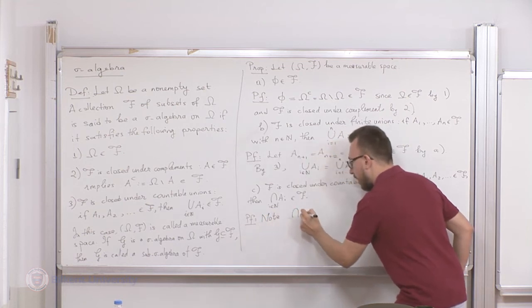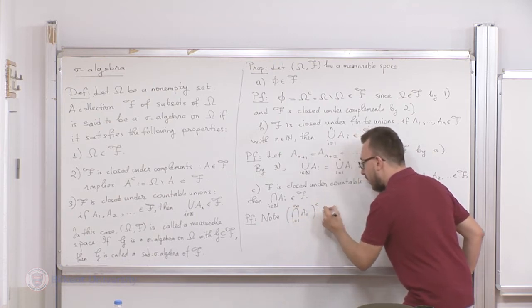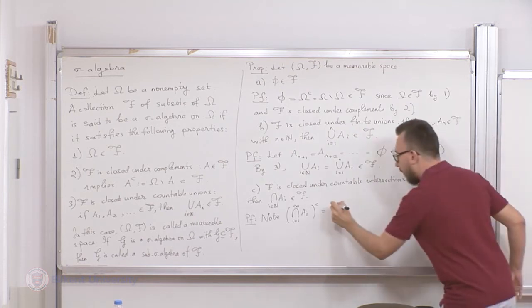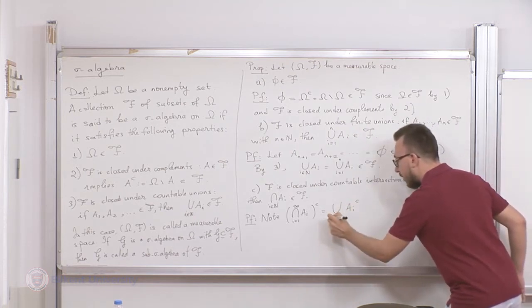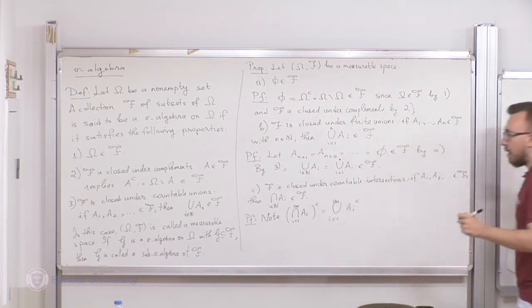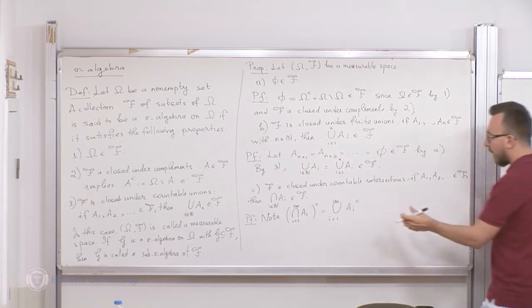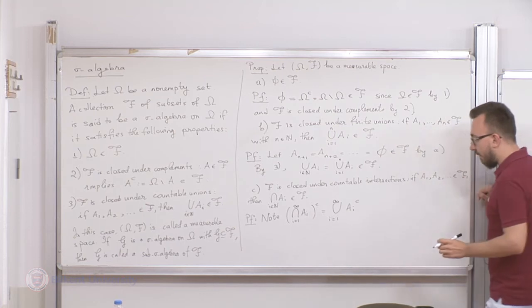So the complement of, let me write it this way. The complement of this is what? Union of complements. I guess this is called De Morgan's law or something like that, right? In elementary set theory.